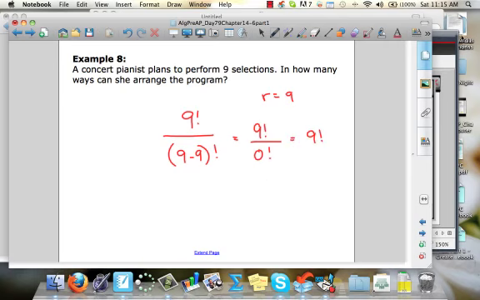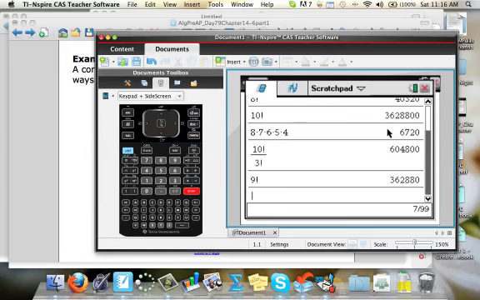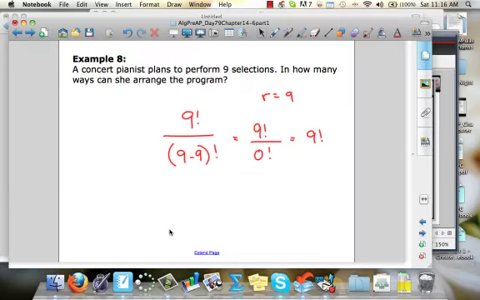So you just do 9 factorial, and that would be 362,880. So that's how many ways she can arrange her program.